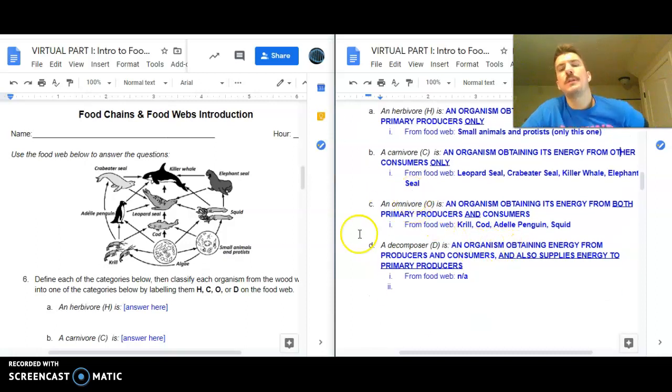Finally, omnivores get their energy both from primary producers and other consumers. So we see krill obtaining energy from algae, but also from these small animals.